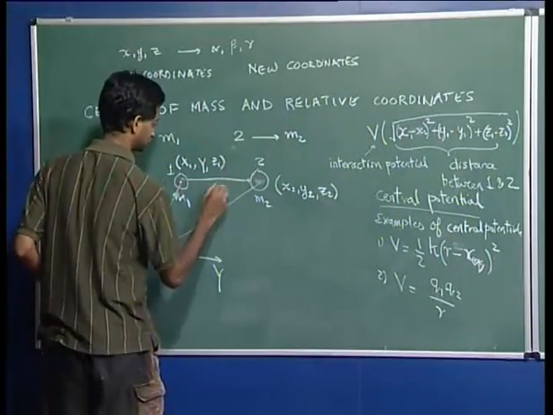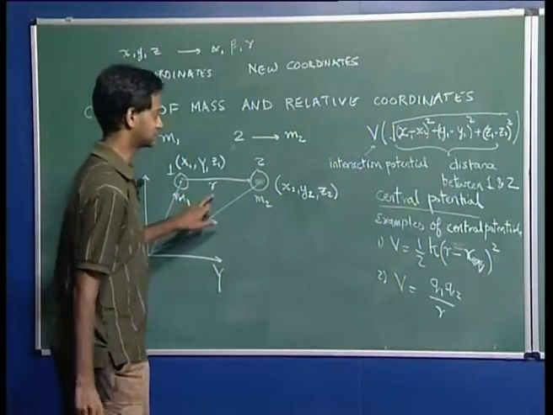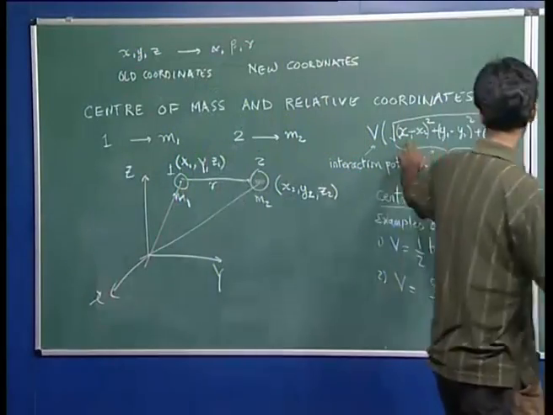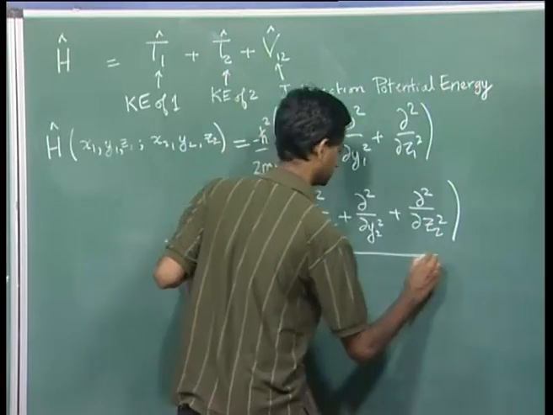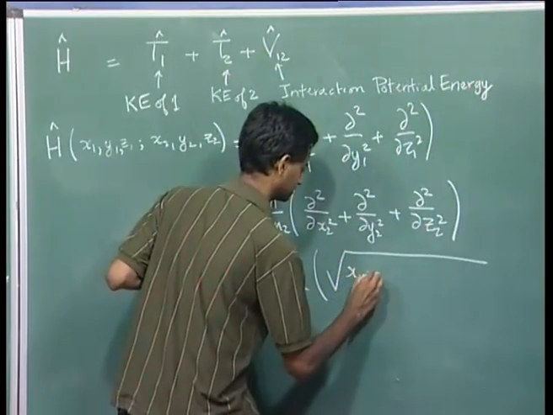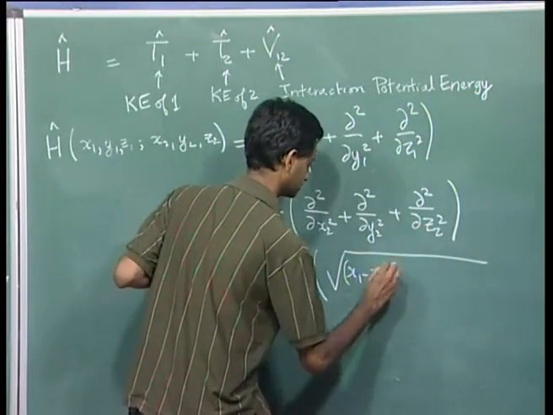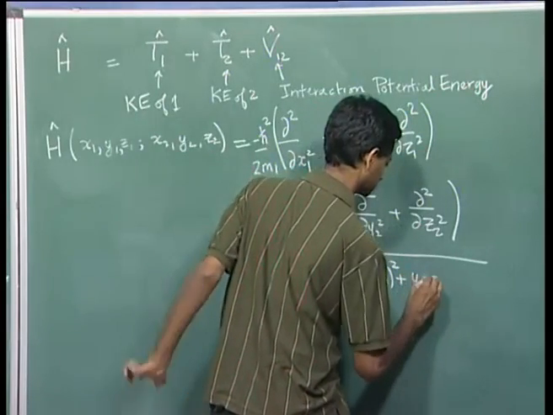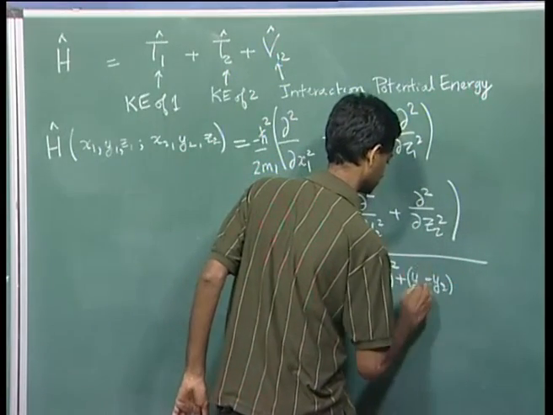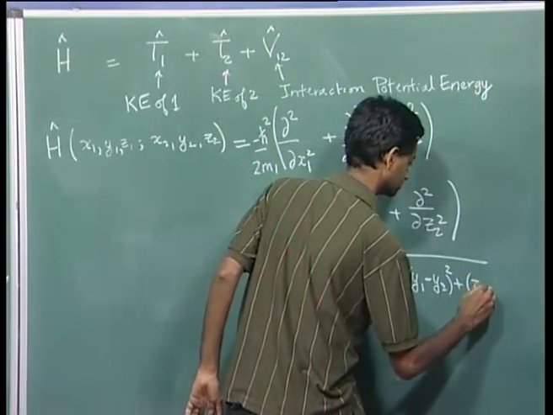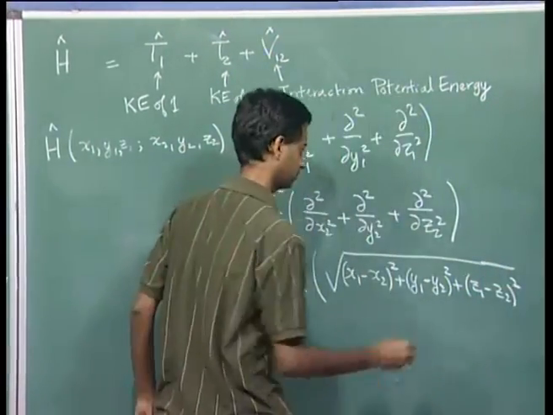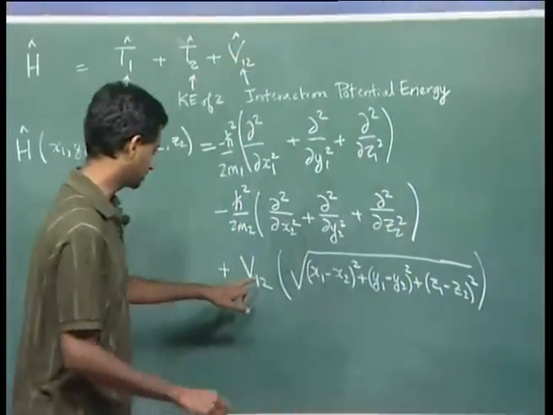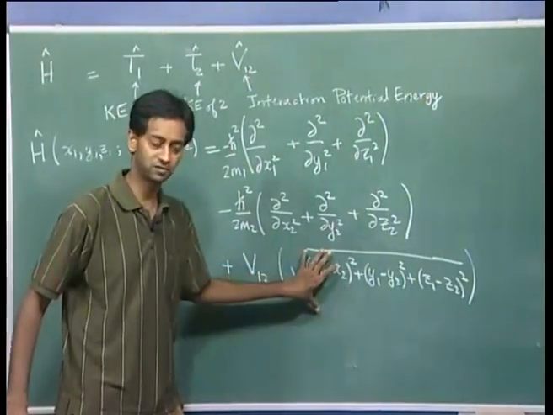So, if the distance between the 2 particles is r, this is a function only of this distance, and this distance can be written in this form. So, V is a function of the square root of the squared coordinate differences, and the operator for this is just the functional form of this.